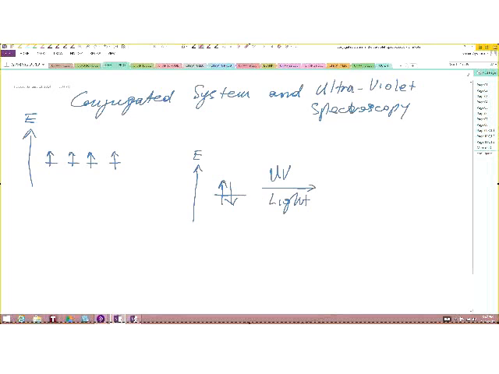What is going to happen? These pi electrons here, keep in mind, since we are now forming an overlap, we don't have pi electrons. One of these pi electrons here could be promoted to what we call an excited state. Okay, so we see one here, the other one will be here. Now this is your pi electron, and this is what we call your pi star electron, which is an excited state.